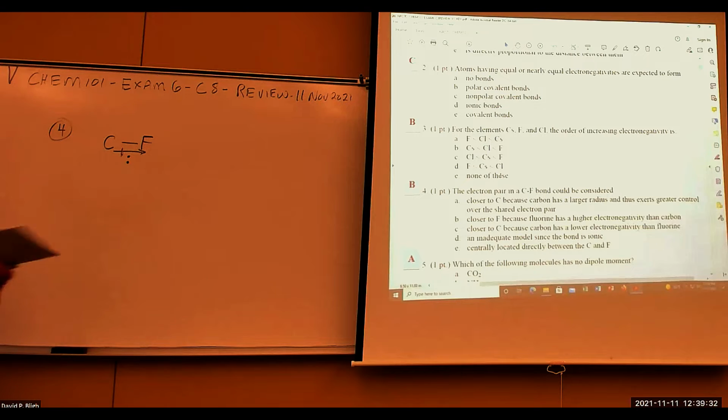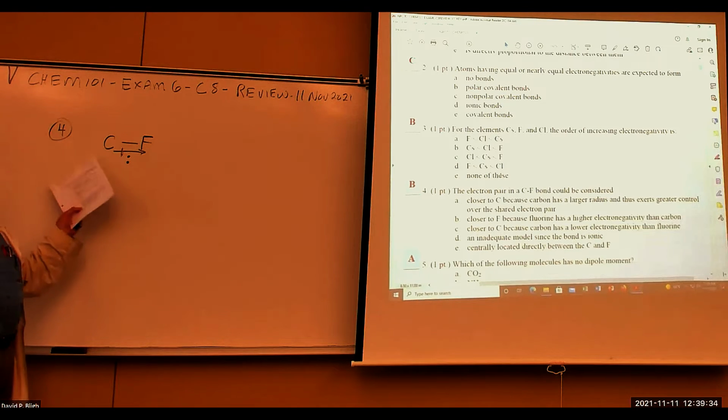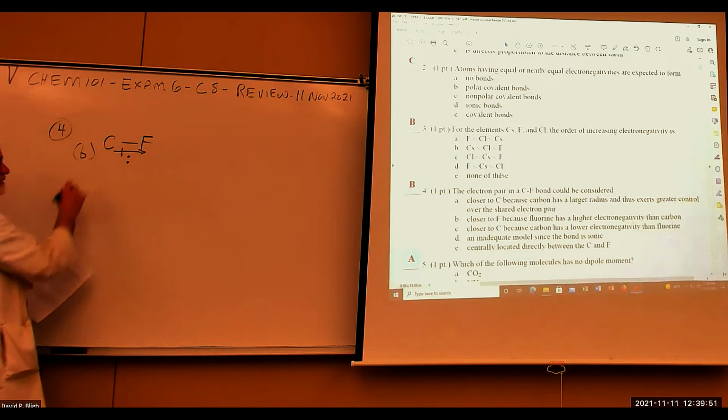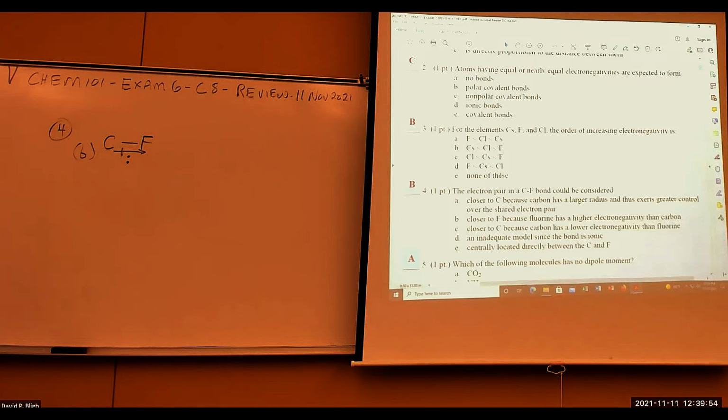You don't get ionic bonds with 2 nonmetals. You gotta have a metal and a nonmetal, at least. So what's left? Closer to fluorine, B is the only one that has closer to fluorine. Because fluorine has a higher electronegativity than carbon. That's true. B is the only possibility.